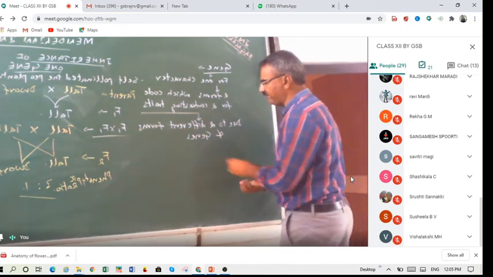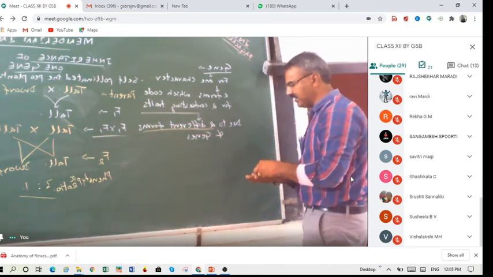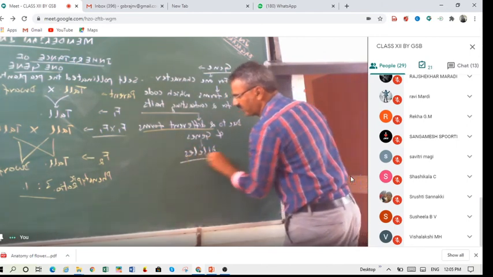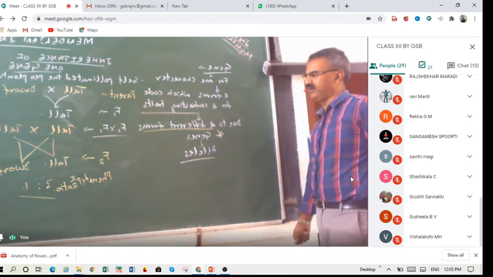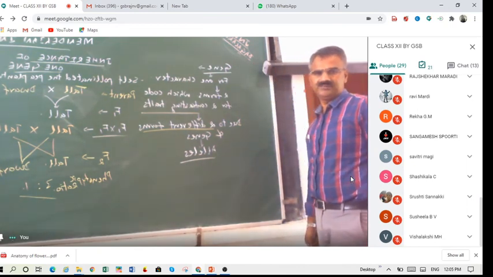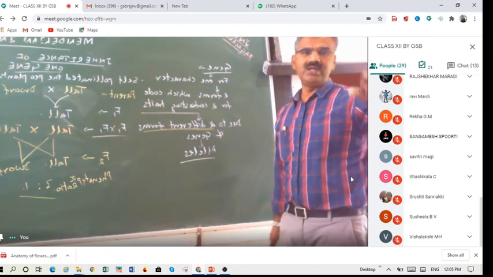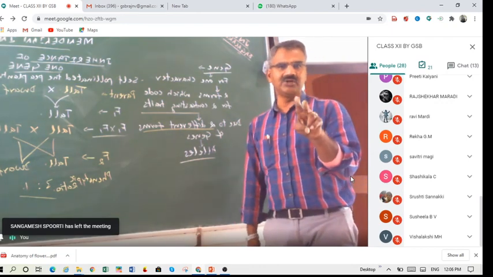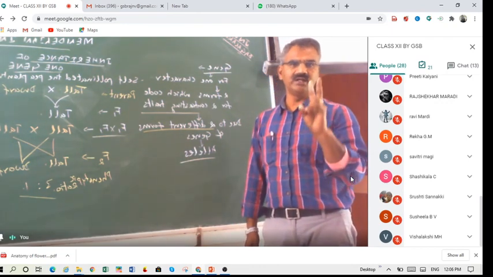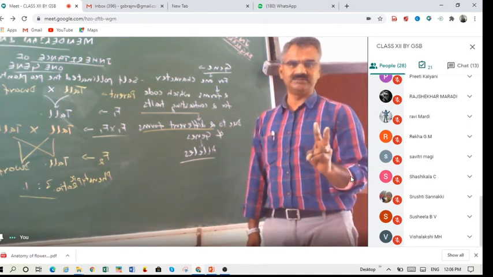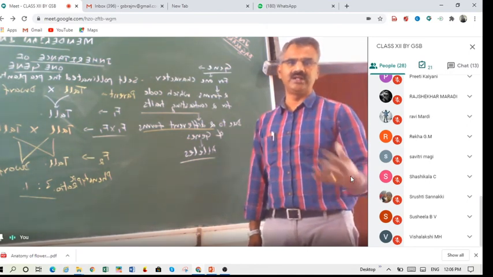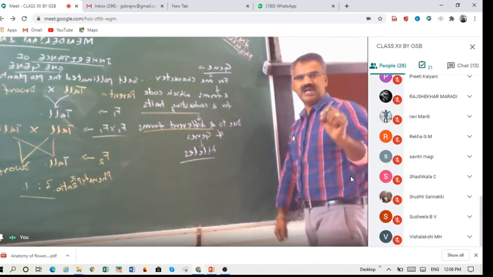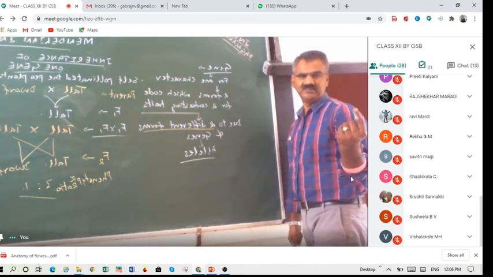And these two different forms of genes are called alleles. Two different forms of genes are called alleles. That means they are responsible for the same character, but in the same character you have two different, contrasting traits, which are opposite, and that is controlled by two forms with some little changes in the gene.